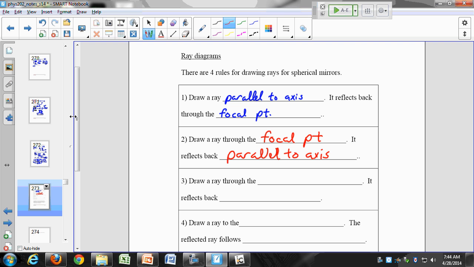The next is to draw a ray through the center of curvature, and it reflects back on itself.